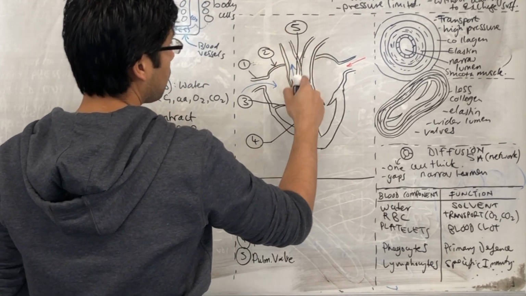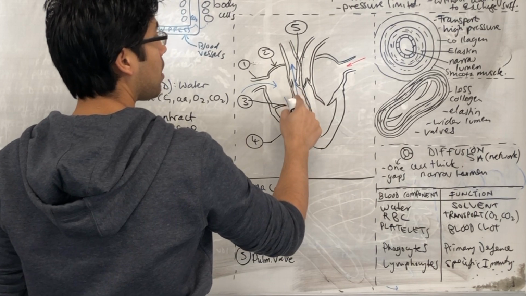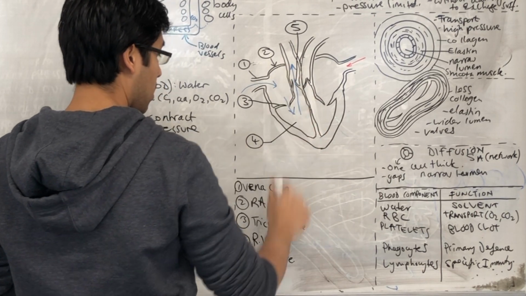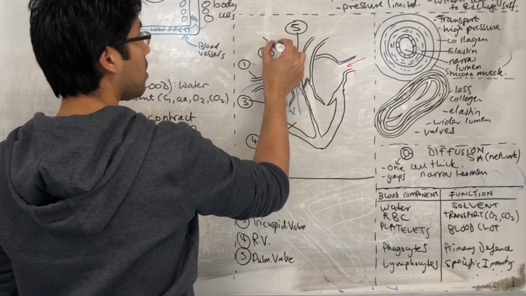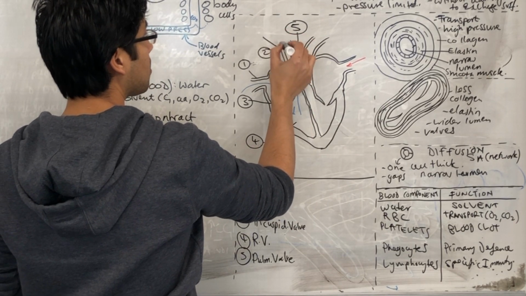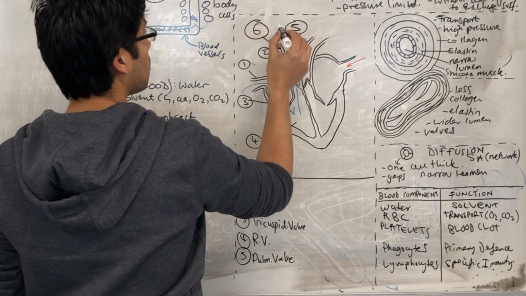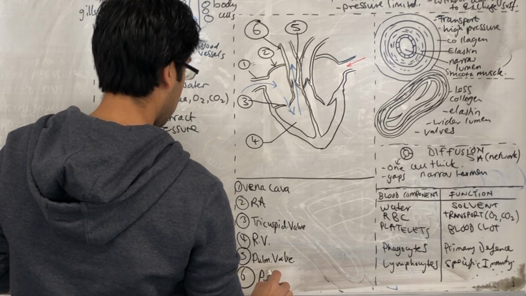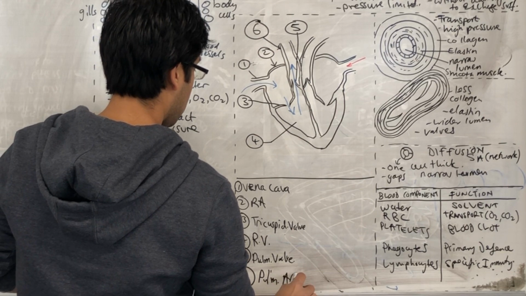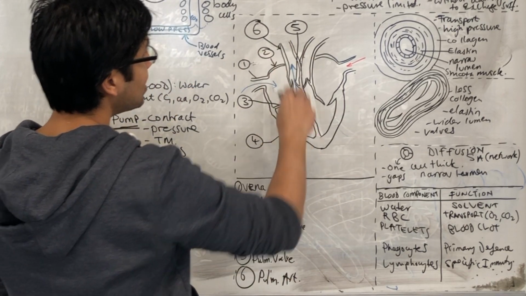So structure 6, so the deoxygenated blood is pushed through the pulmonary valve into the pulmonary artery. So structure 6, pulmonary artery.